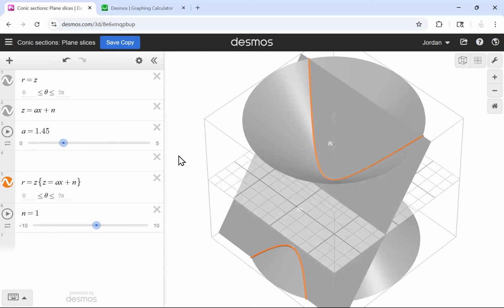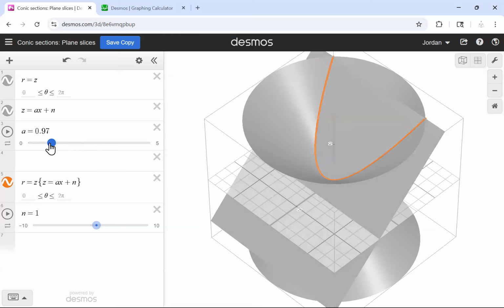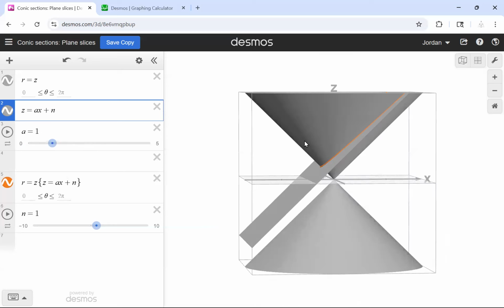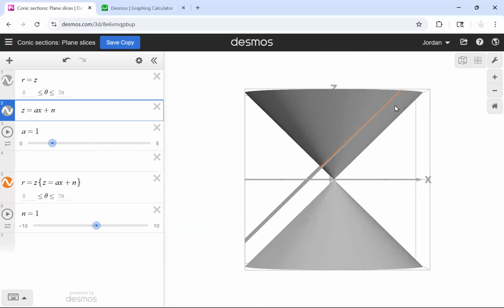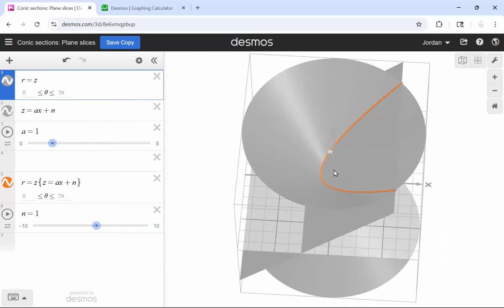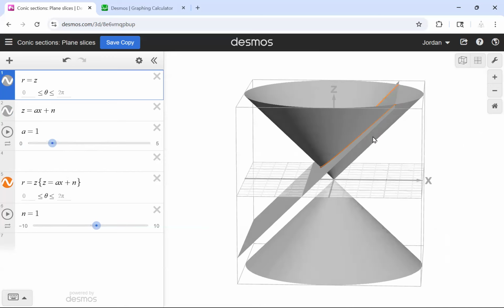0 gives you the circle. 0 to 1 is an ellipse. At 1, we get a parabola. Above 1, we get a hyperbola. And by the way, the parabola here can be thought of essentially as an ellipse which we've stretched out to infinity in some sense.